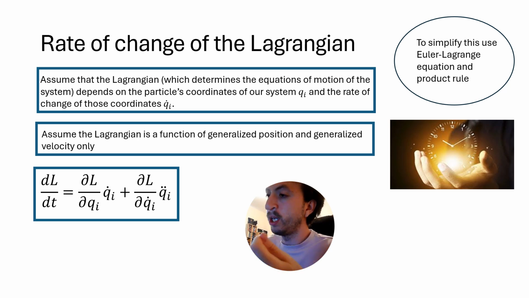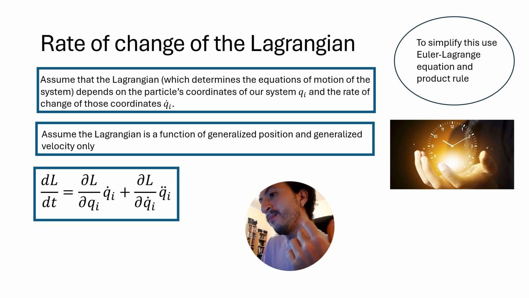I've done a video on the Euler-Lagrange equation, but for a summary, as you'll find in my previous video, and also in many documents on the web and in any advanced book on classical mechanics, the Euler-Lagrange equation says that the time derivative of the partial derivative of the Lagrangian with respect to Qi dot is equal to the partial derivative of the Lagrangian with respect to Qi.